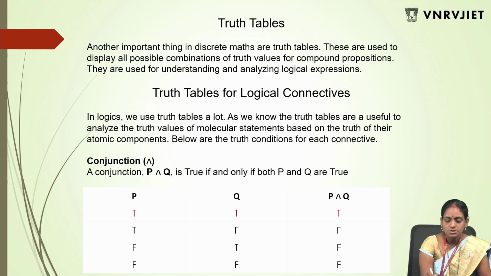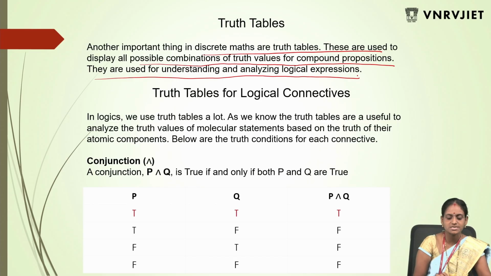So, truth tables. What do you mean by truth table? A truth table is all possible combinations of truth values for compound propositions. Compound propositions are nothing but molecular statements. We are going to include more than one statement. They are used for understanding and analyzing logical expressions.